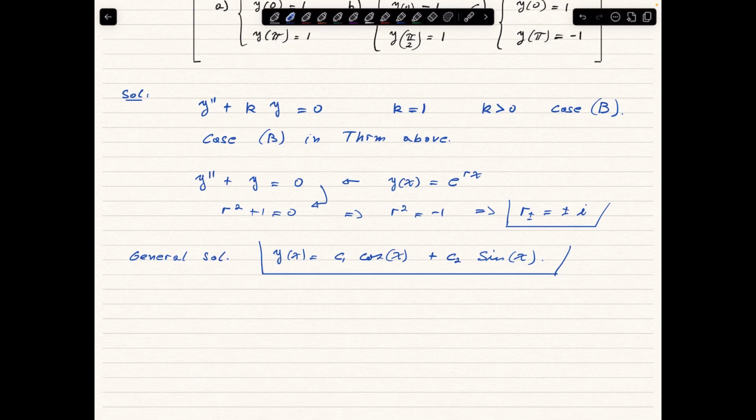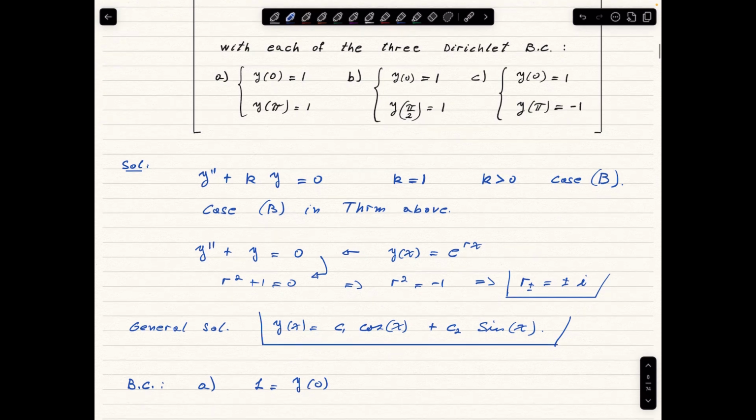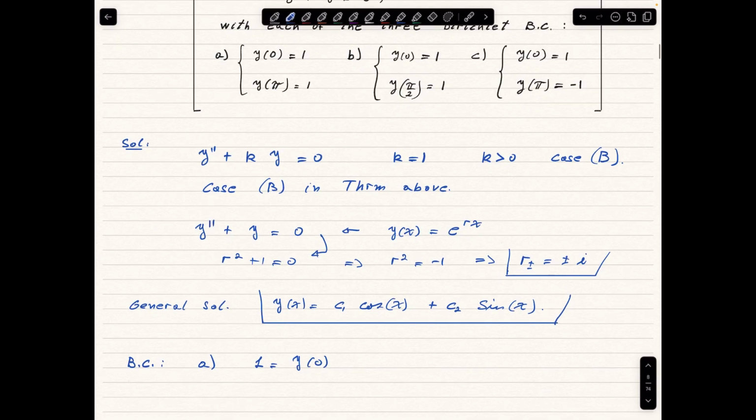The first boundary condition is boundary condition number 1, which is the case A. Recall, we say that 1 has to be the function at 0, and the other has to be 1, the function at pi.